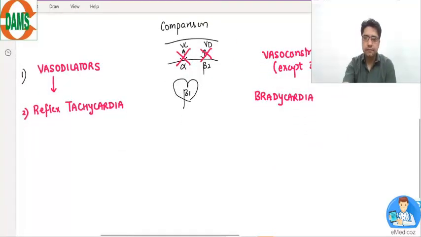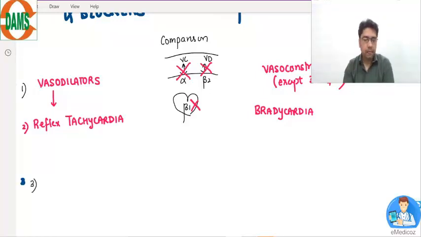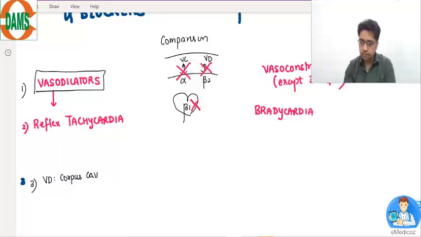Let's move ahead. Third point, we will write now: effect on different organs. Remember, if you produce vasodilation in corpus cavernosum, which is a part of penile blood vessels, there will be an increase in blood flow to the penile area.